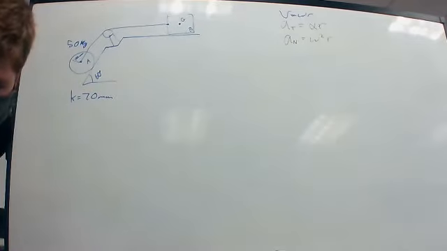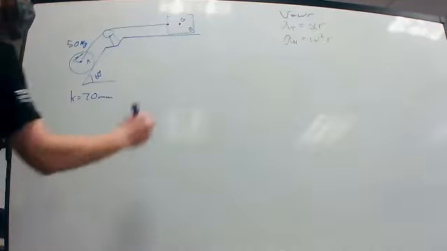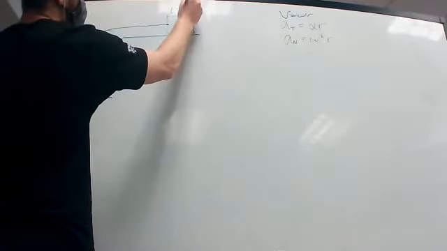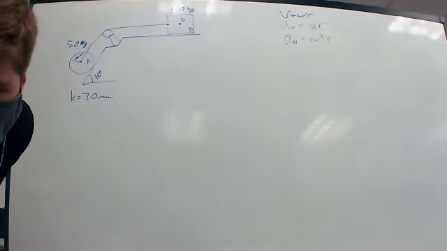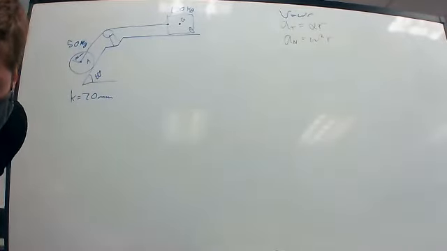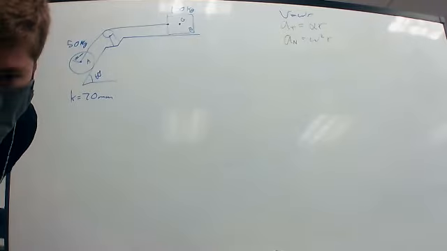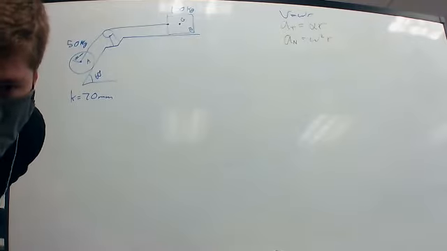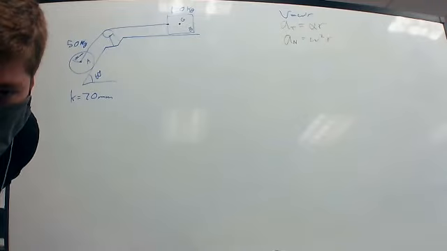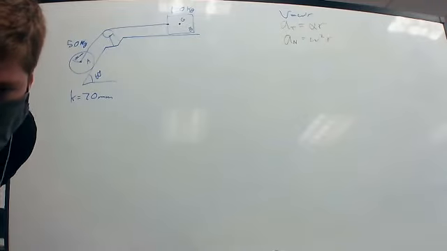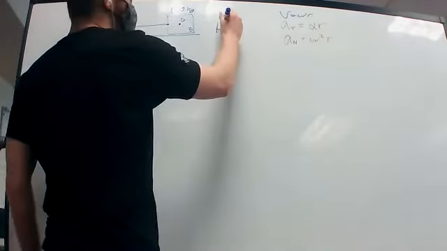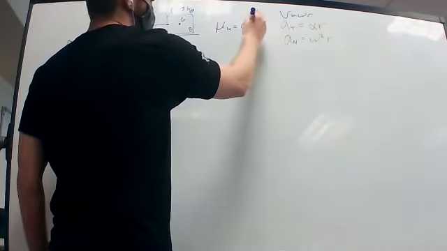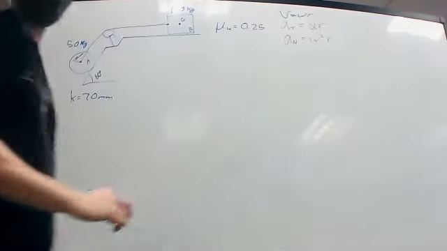The cord is connected to the 100 kilogram block, which rests on a horizontal surface, so that means this problem is likely starting from rest. The kinetic coefficient of friction between the horizontal surface and the block is 0.25, so that means that mu sub k is 0.25.